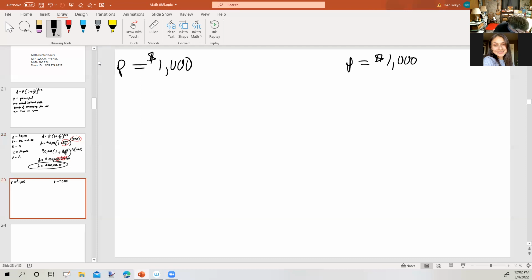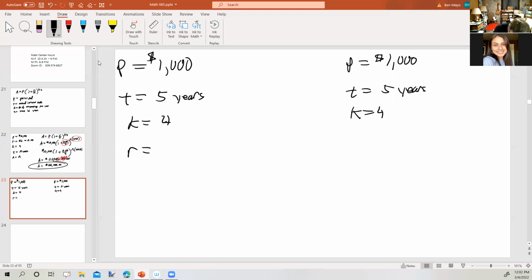Says how much interest earn in 5 years, so the time is 5 years, compounded quarterly, so K is 4. If the annual interest rate is 5.5% instead of 5%, so first case we'll make it 5%, second case 5.5%.